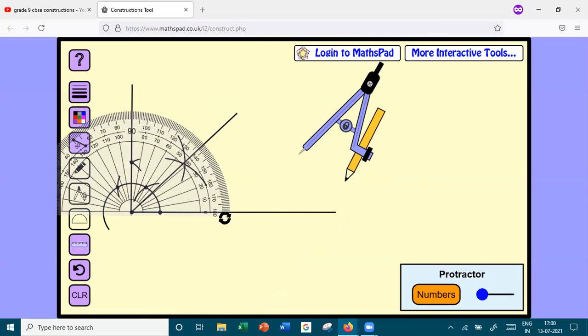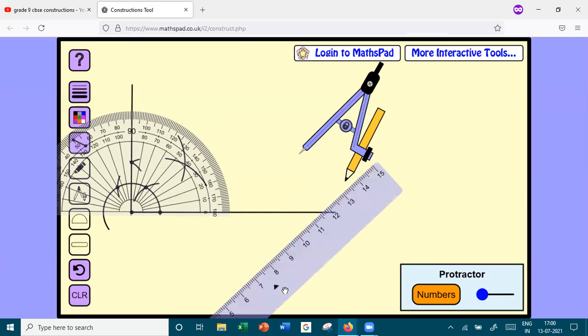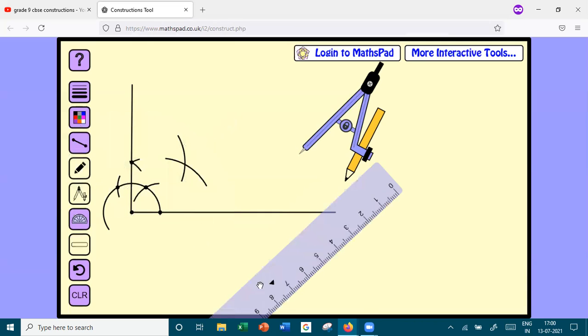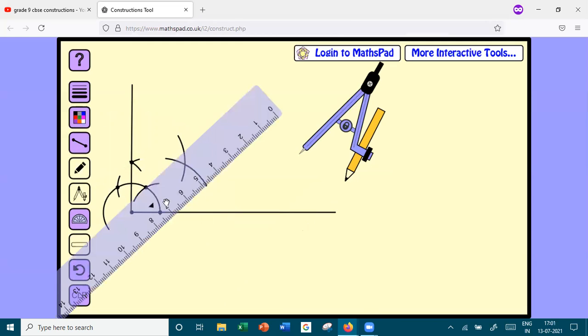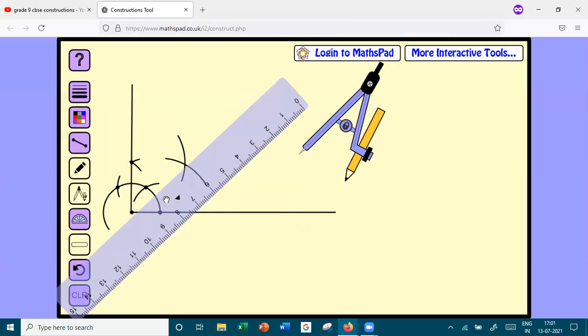Oh, it's not correct. Okay. Not come correctly, but whatever. I just wanted to explain the justification part, right? Let me just do that.